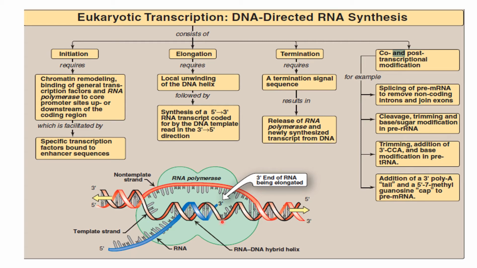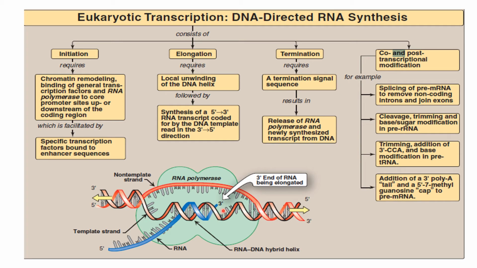It means that the nucleoside triphosphate will be added at the 3' end of the newly synthesized RNA with the release of the pyrophosphate. The nucleoside triphosphate is the substrate for the addition of a new nucleotide at the 3' end.